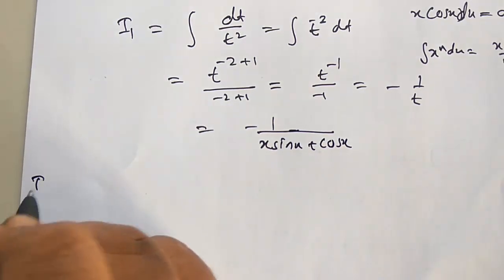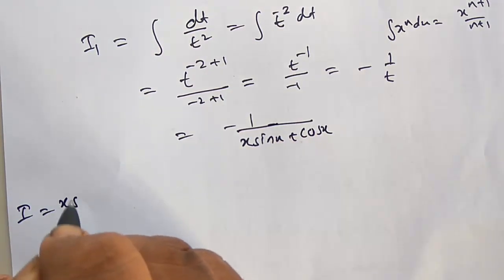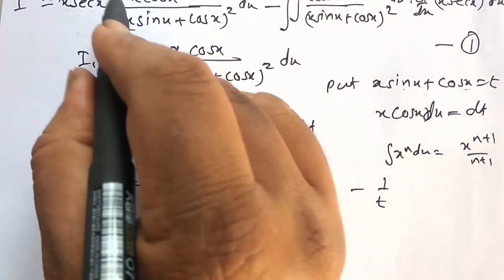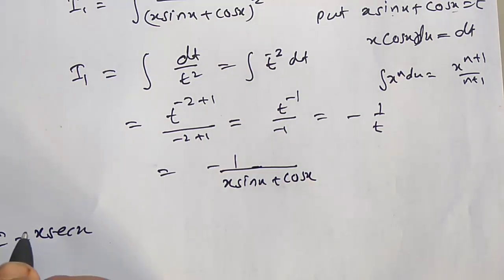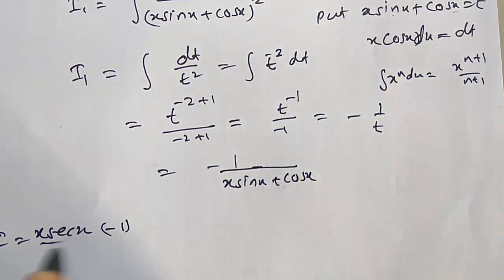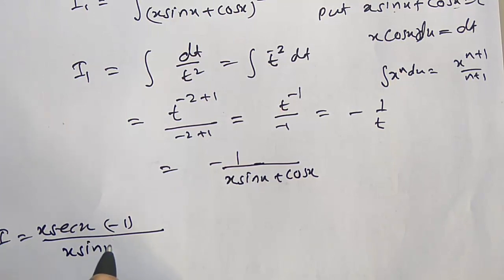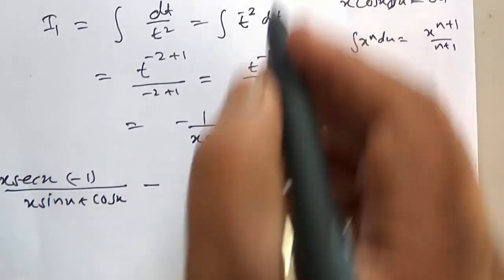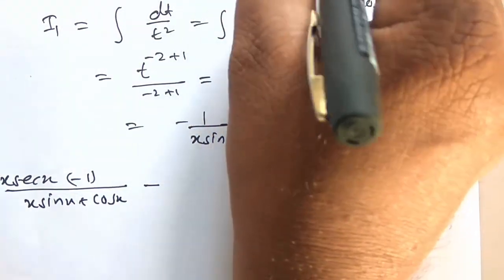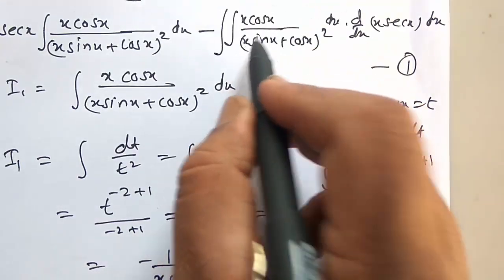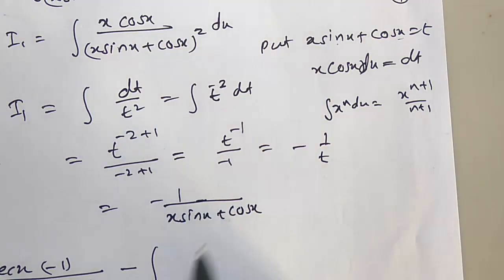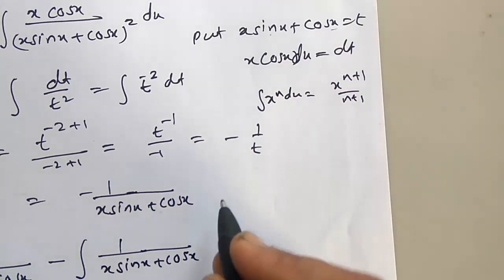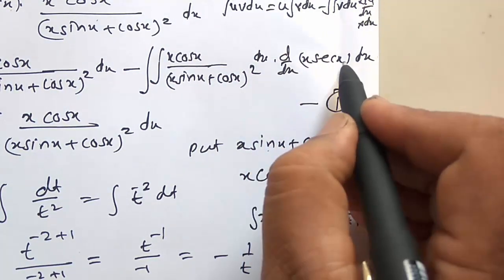And therefore, now I becomes x sec x into the integration of this, which is minus 1 upon x sin x plus cos x, minus becomes plus because this integration is minus. So it is equal to 1 upon x sin x plus cos x into the derivative of x into sec x.